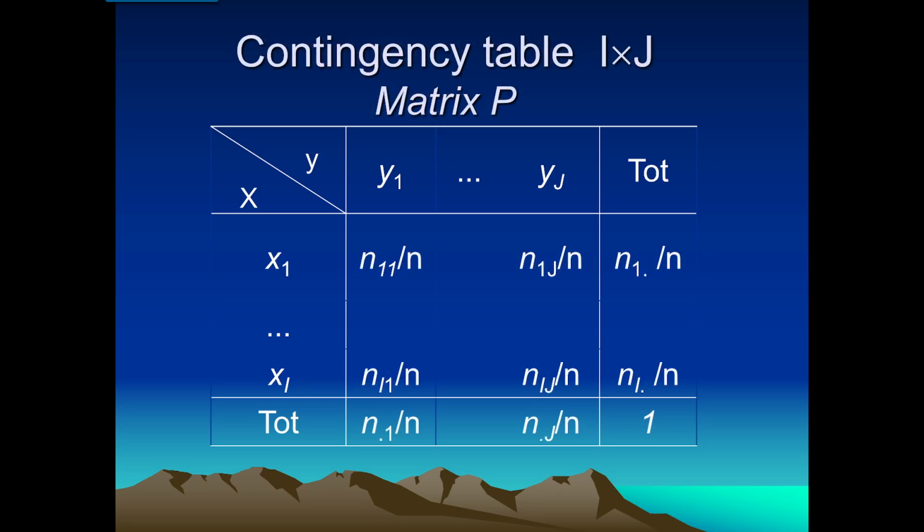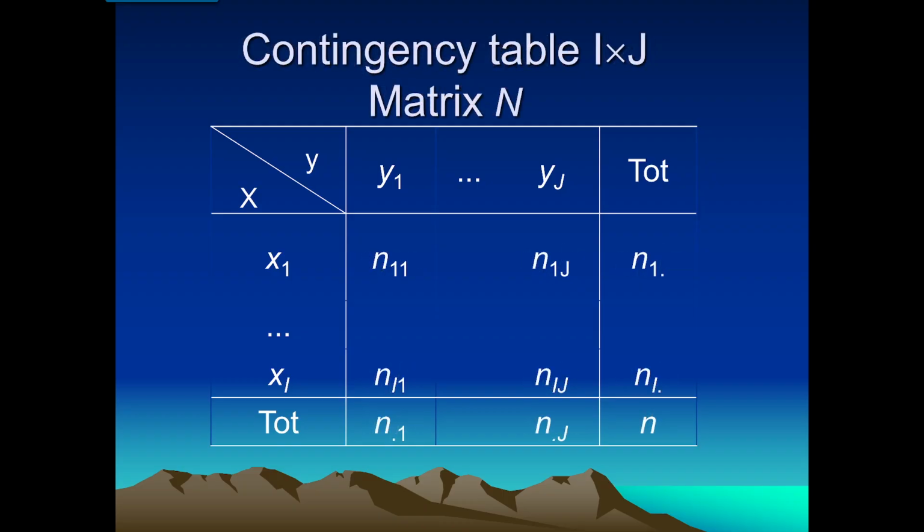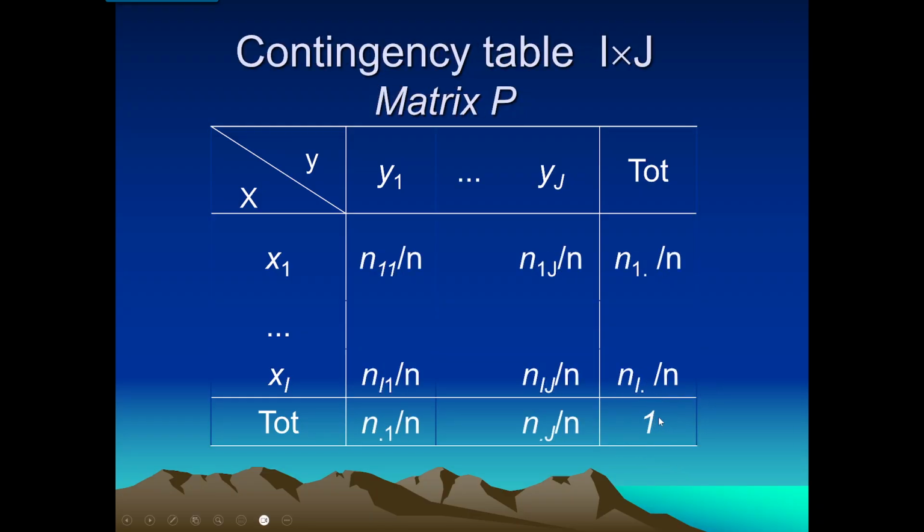Then the contingency matrix P is the same thing, but you divide each entry by the sample size, small n. So the sum of all the elements of matrix capital N is small n. The sum of all the entries of matrix P is 1, because you divide each entry by the overall total.